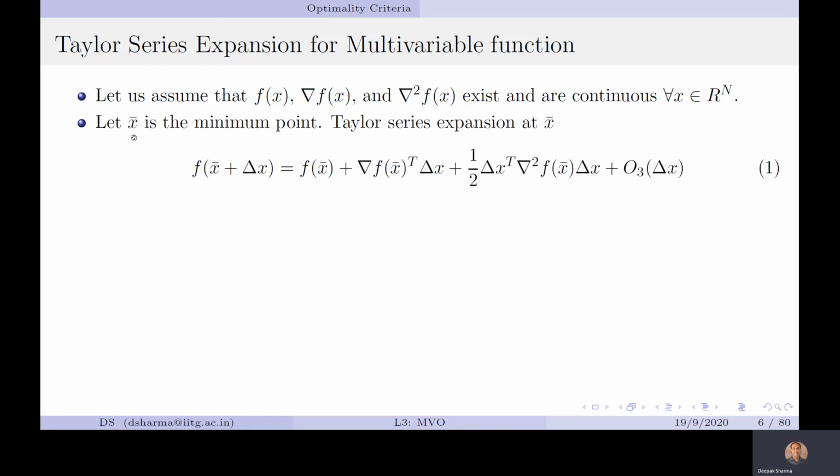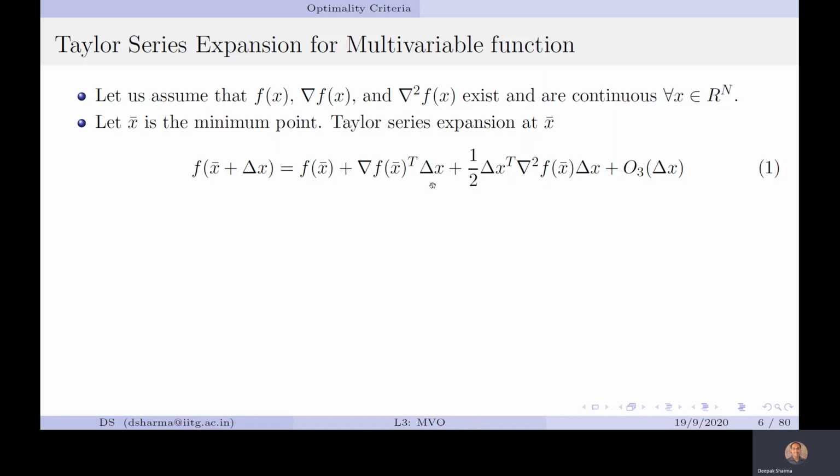Here, let us assume that x bar is the minimum point, and the Taylor series expansion at x bar plus delta x can be written as f of x bar plus the gradient of the function at x bar times delta x. Since you may know that if you find the gradient of a scalar function, it will become a vector.